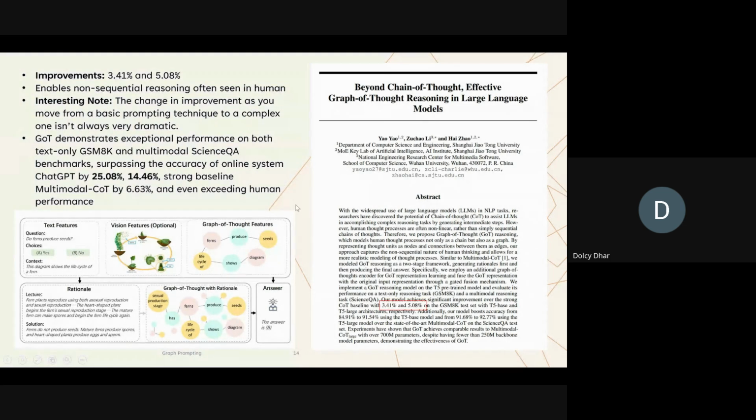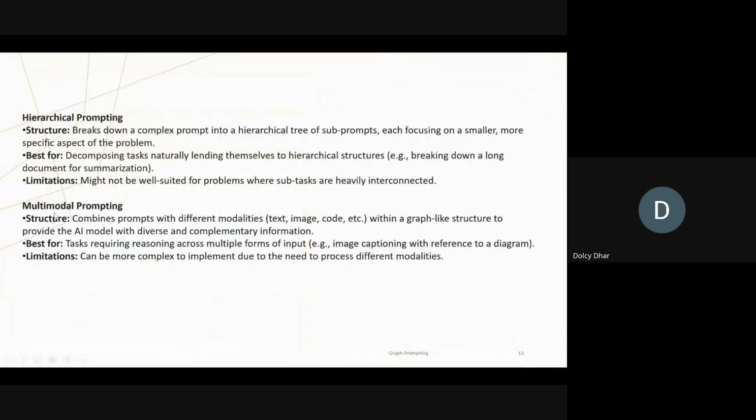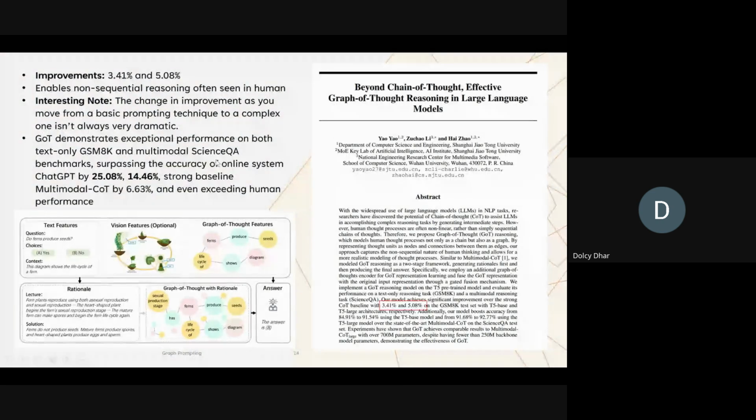This is one of the earliest papers on graph of thought. In this paper, they are using the multimodal prompting technique in graph prompting to show you how graph of thought reasoning works. As you can see in the image over here, they're using text, they're using vision, and then they're using a graph of thought.